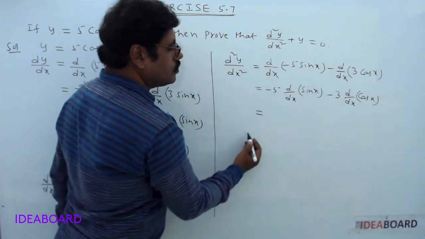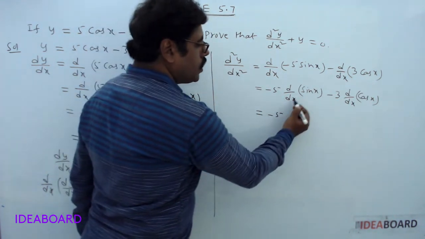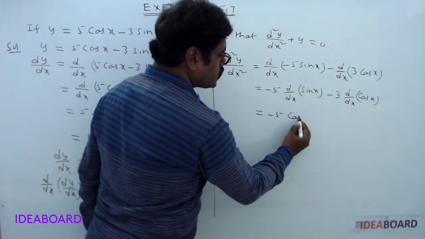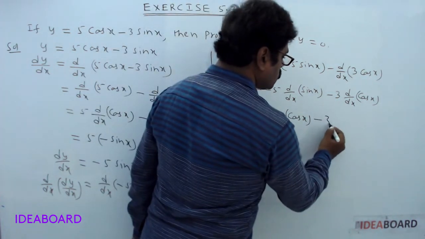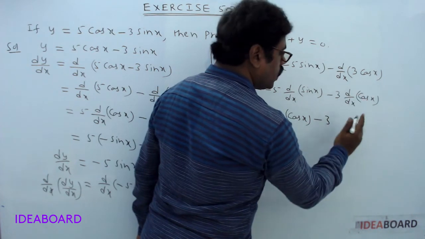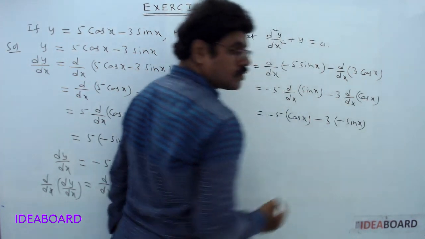Now this equals minus 5 into the derivative of sin x. What is the derivative of sin x? Cos x. So minus 5 into cos x, minus 3 into the derivative of cos x, which is minus sin x.